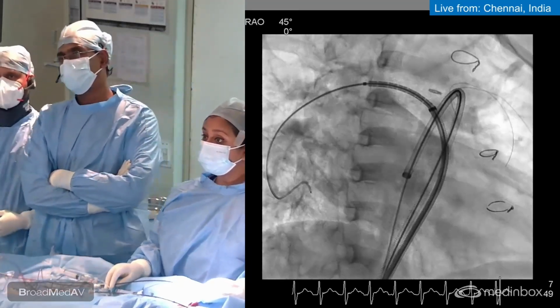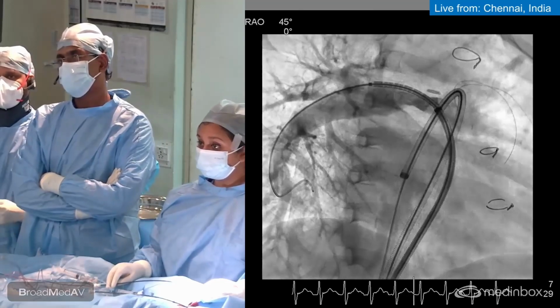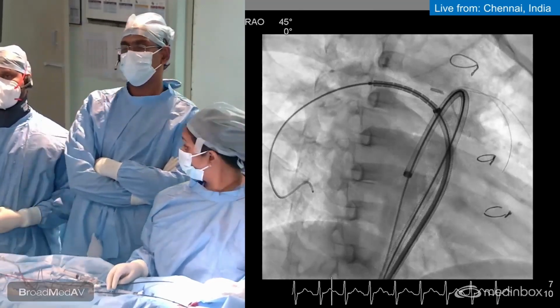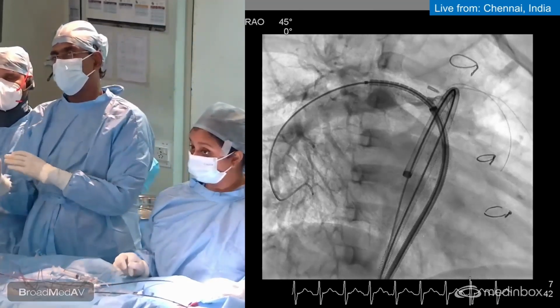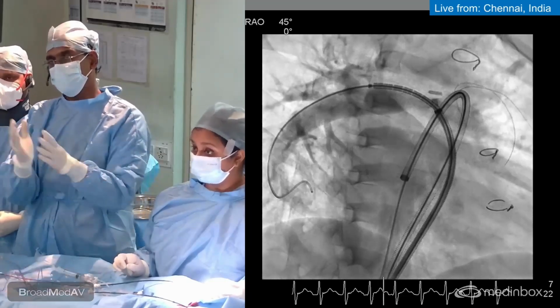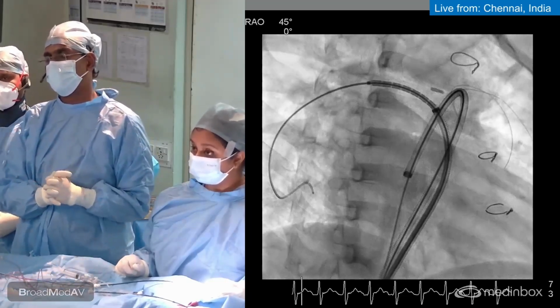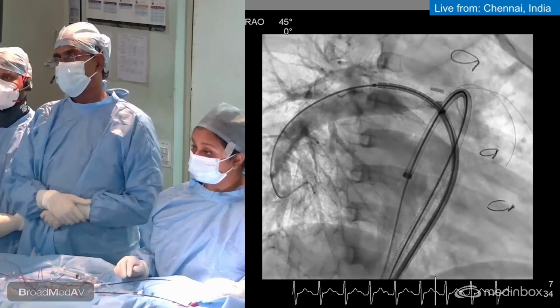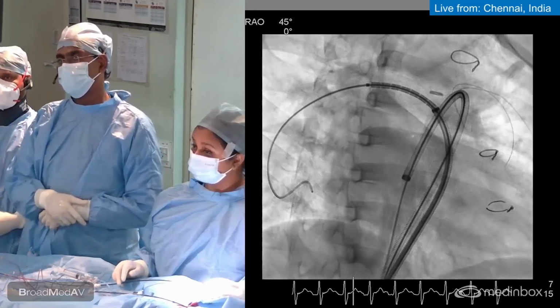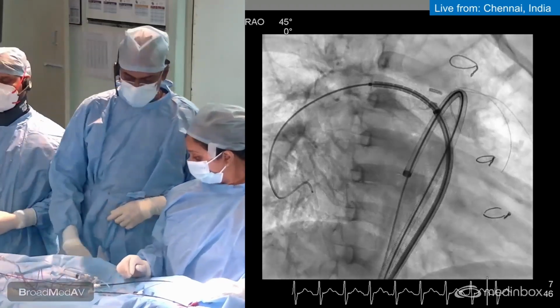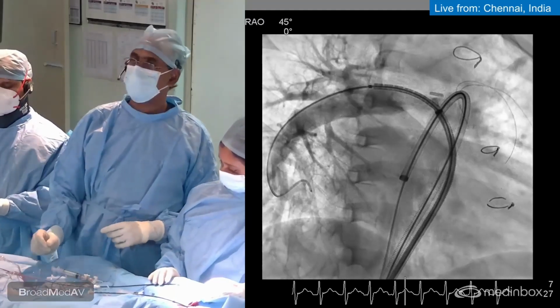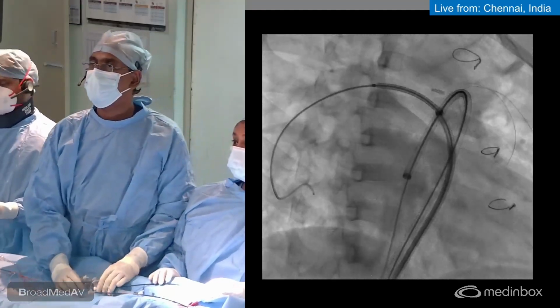No, we are positioned well. This position looks nice. The only thing is that we should not milk the stent into the hilar portion of the pulmonary artery.